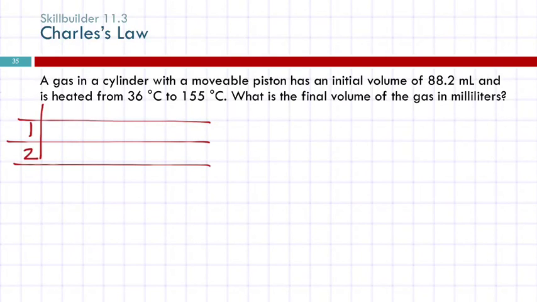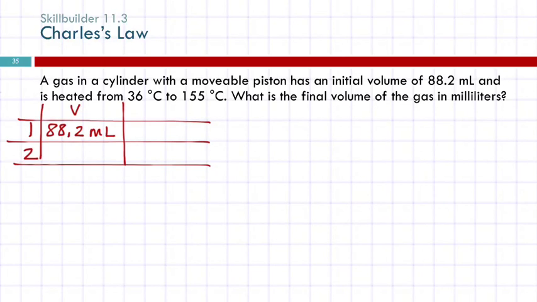The first number is 88.2 milliliters. That's volume, so I'll call that column V for volume. Sometimes it's a little unclear to a student which temperature that volume goes with. You have an initial volume, and you're heating it from 36 to 155.